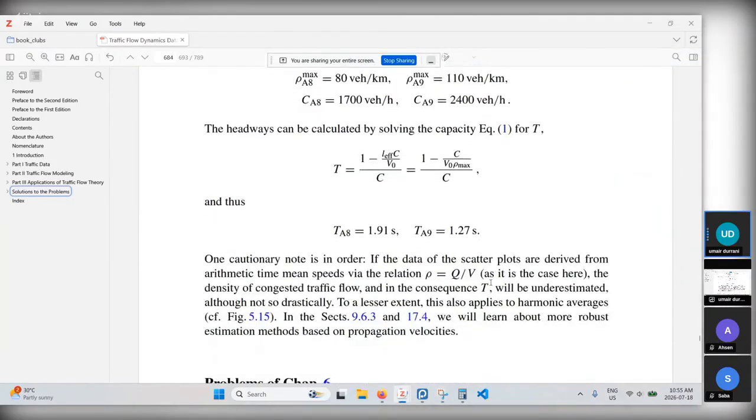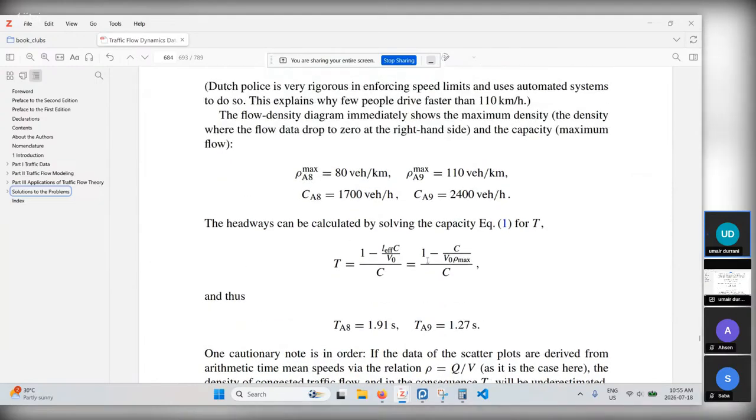And the headway is then estimated using the formula that we have discussed in previous discussion. I think it was 5.2 or 3, where we had this formula for the time gap. And so using this formula, where we're using L effective, which is length of vehicle plus the minimum gap, the capacity, and the desired speed. C is again here as capacity. Rho max can be used instead of L effective. So we use rho max, which is given to us from the plots.